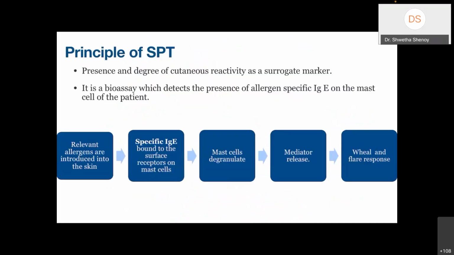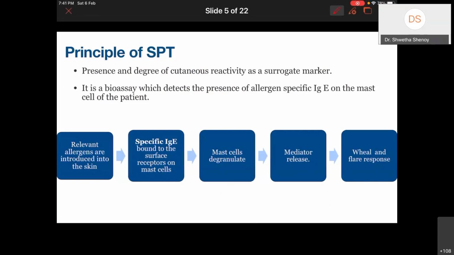Now coming to skin prick test. In skin prick test, it is a degree of cutaneous reactivity. Now, why is this cutaneous reactivity important? Cutaneous reactivity is important because it is a surrogate marker. That is, it tells us what is happening in the body in general.